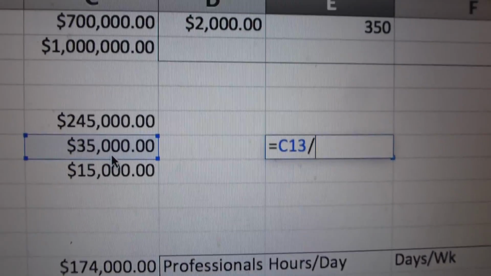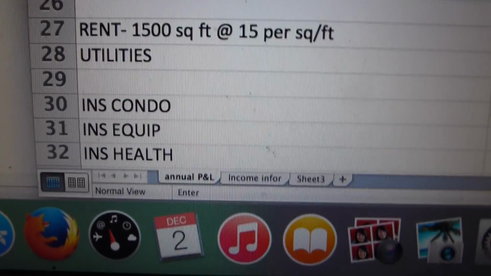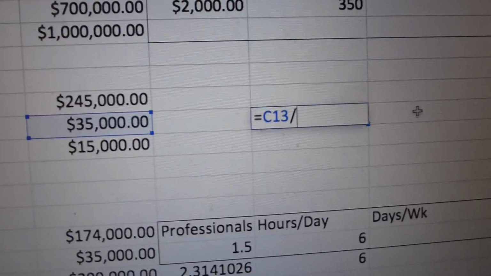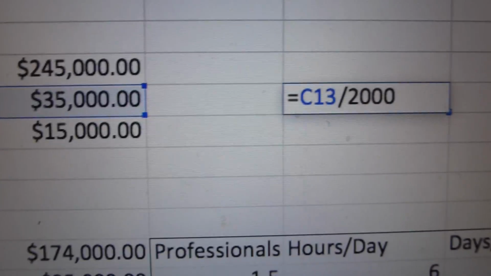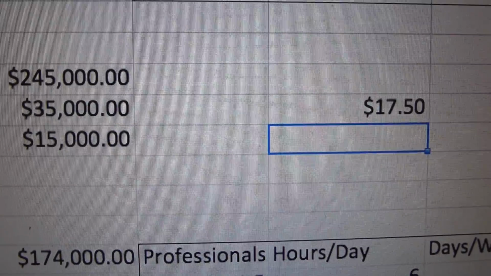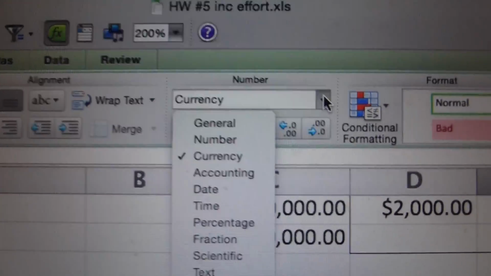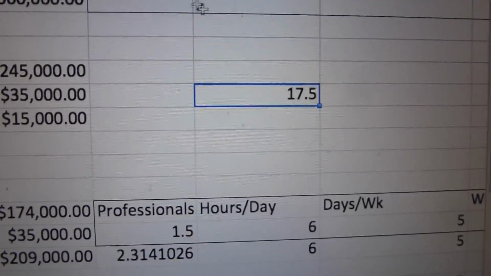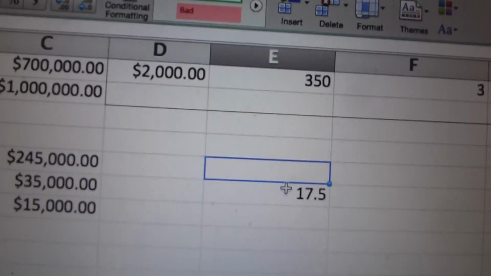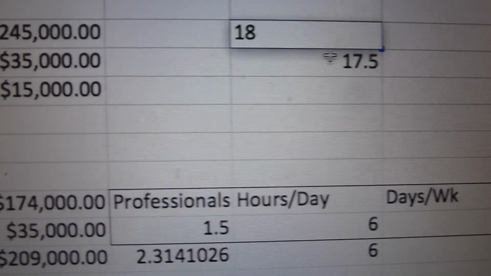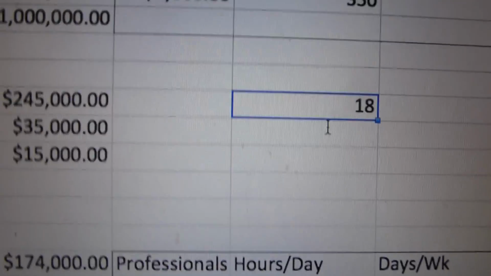And we're going to divide that by the cost per hearing aid. The cost per hearing aid we know from the other side, the income information. Each individual hearing aid is $2,000. Sorry, this is in currency, just because I did it before. Remember, you can change currency to general here. So 17.5 hearing aids were returned. When we talked in class, obviously we don't have half hearing aids, so we're always going to round. So we know 18 hearing aids were returned with the 5%.